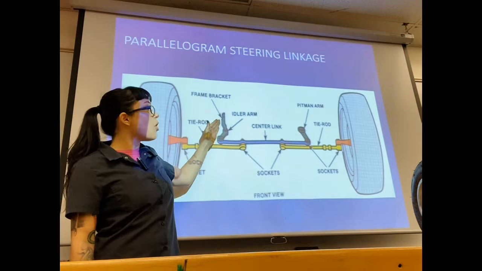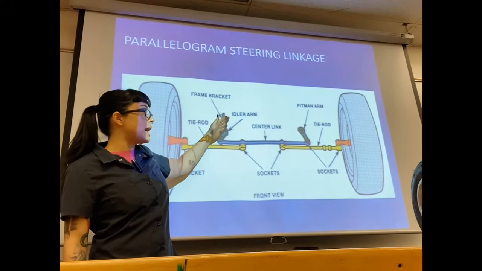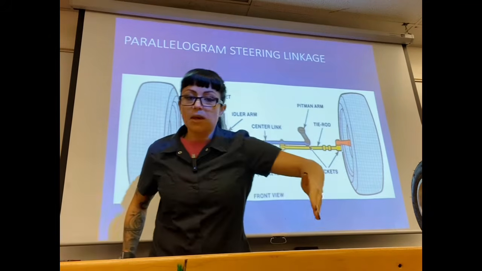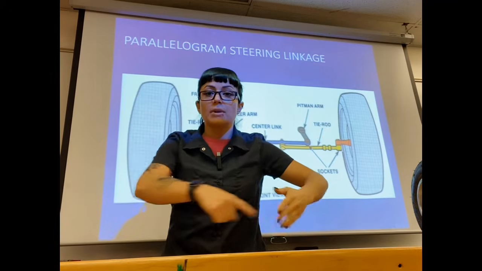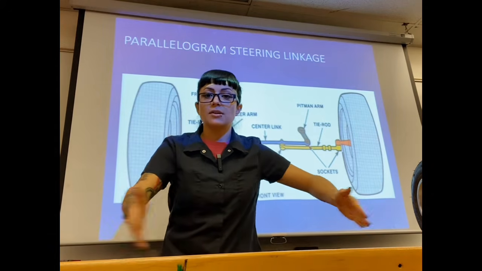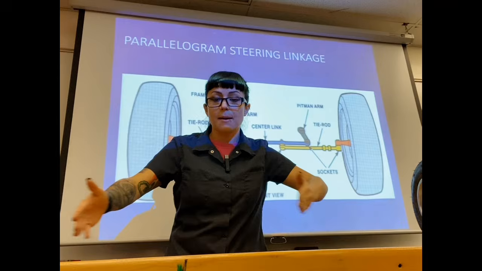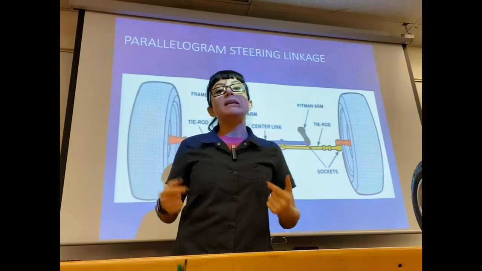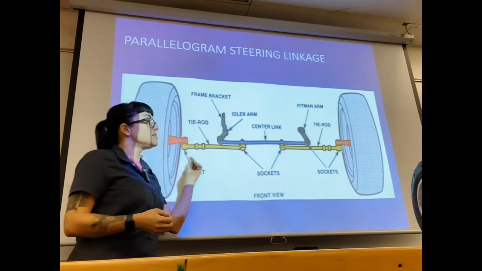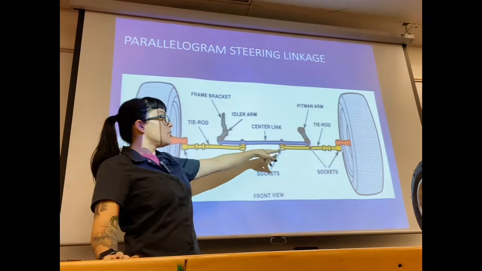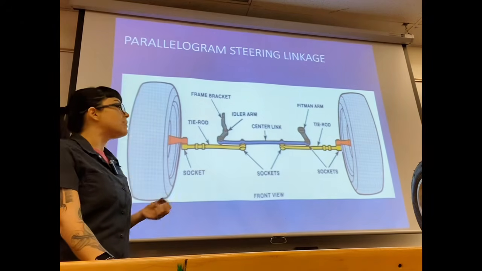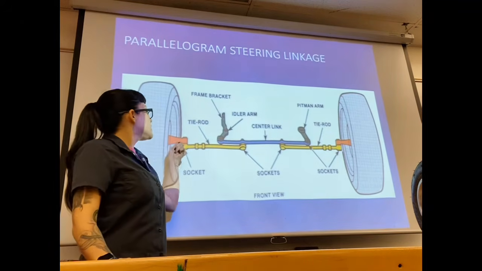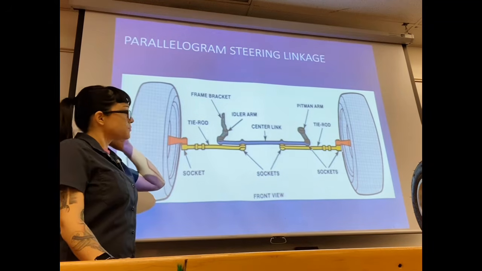And so it's not flopping around here on the other end, we have another arm that's attached to the frame called an idler arm. So now I've got a pitman arm and an idler arm, and in the center here I've got this drag link. So now I've got this type of motion. I still need to attach it to my steering knuckle. So in yellow here, we've got our tie rods. We've got inner tie rods and we have outer tie rods.